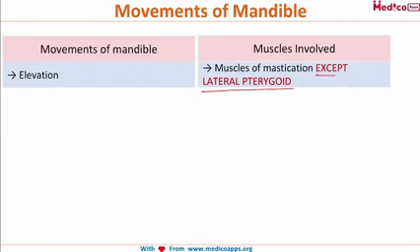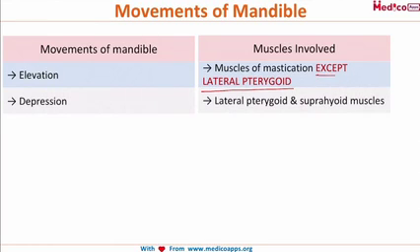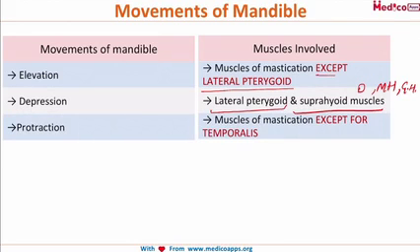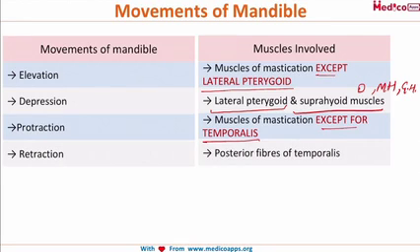The lateral pterygoid is responsible for depression. For depression, there are the lateral pterygoid muscle and also the suprahyoid muscles, which are the accessory or secondary muscles, namely the digastric, mylohyoid and geniohyoid muscles. Then for protraction, all of the muscles of mastication are responsible except temporalis. Then for retraction, the posterior fibers of the temporalis muscle.